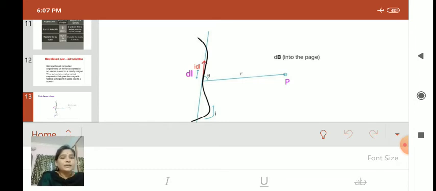The angle between the elemental length and this position vector is theta.